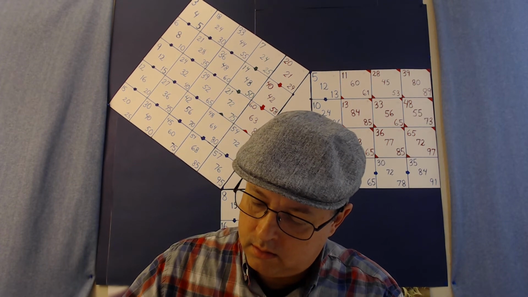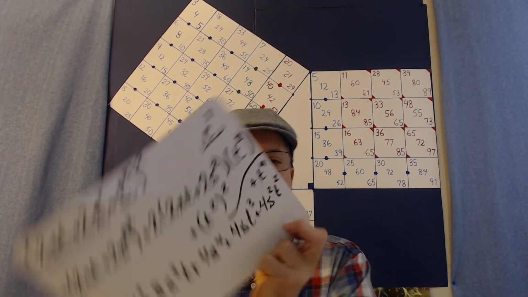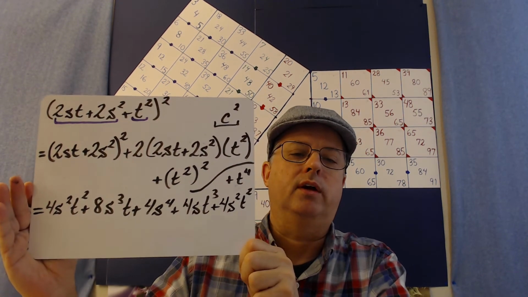So what we're going to do there is put the plus t to the fourth up above there. So we'll improvise, right?